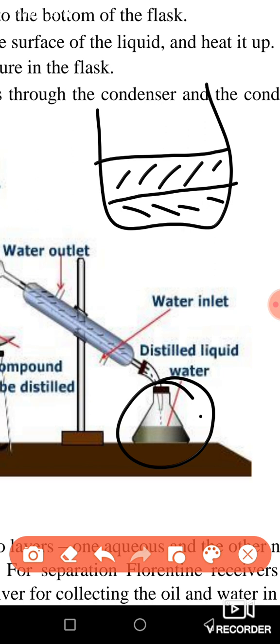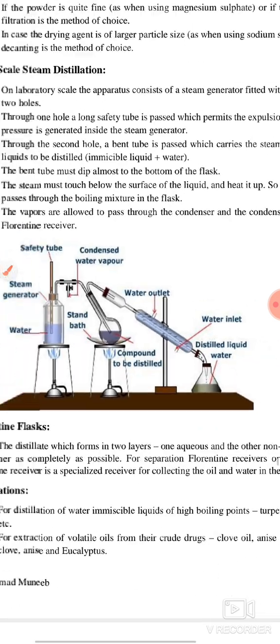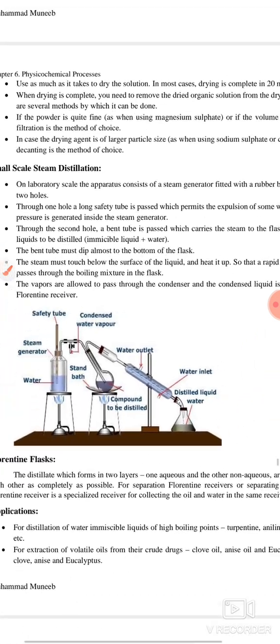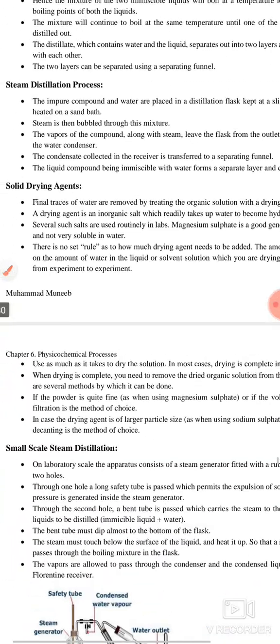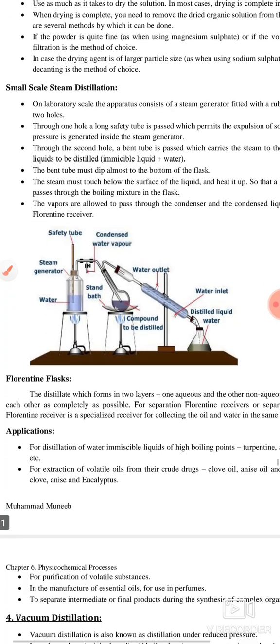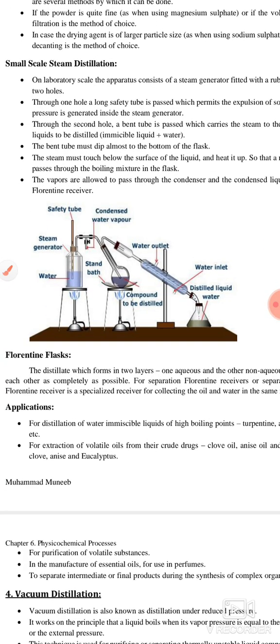One is the pure liquid which we want to take out, and one is the water. Both are immiscible in each other, so they will form layers, and then we can easily separate out both of these layers. Okay, so this was the principle of it.